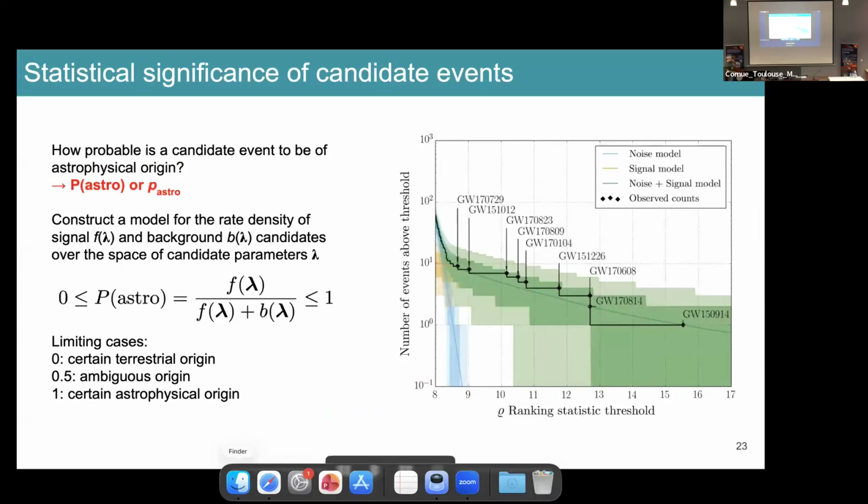Okay. So the prior that goes into this calculation is actually the population prior. So it's more like the mass distribution for the binaries, and the overall rate density of the binaries. So basically, how many binaries coalesce per unit volume per unit time.